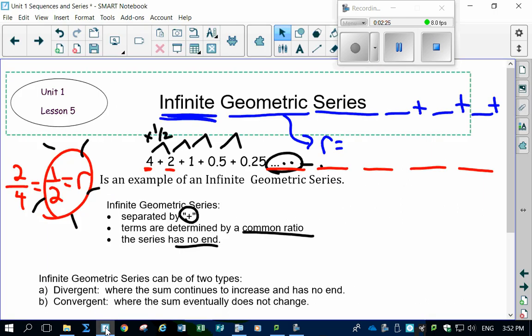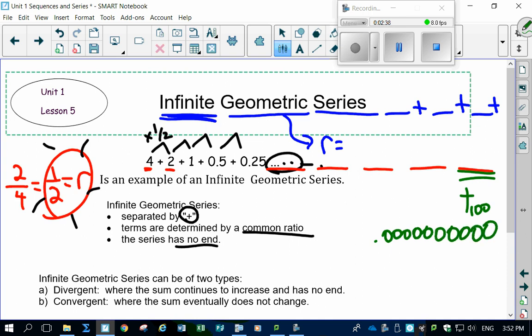This number is getting so small, and if you keep on going over and over again, eventually what's going to happen is that number down here, let's say term 100, is probably going to be so small, it's going to be like 0.00000000000 something, like 7, for example. Wait a second. Does that really matter?